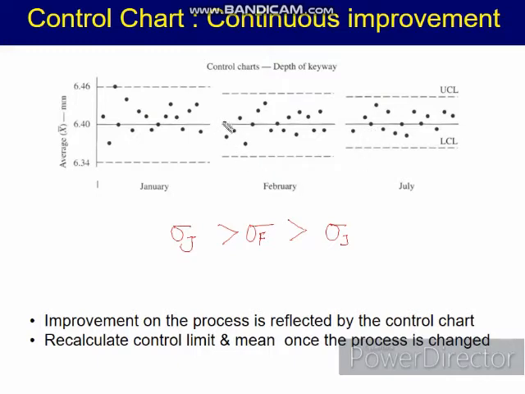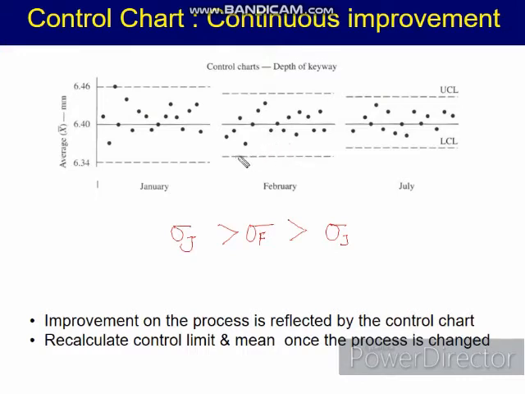So if you can reduce the variability of your process, this will improve the capability of your process when you compare it against customer requirement. Again, you can use control charts to reflect the improvement that you make in the reductions of variability.